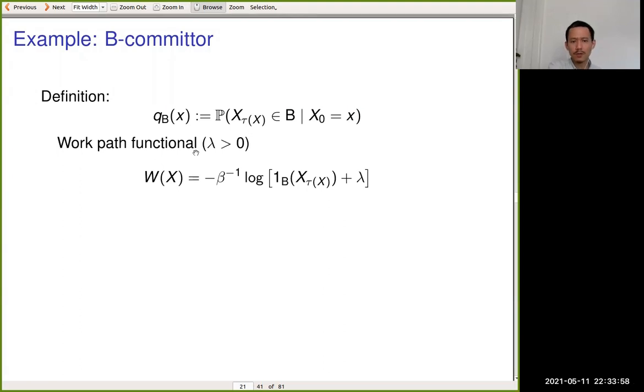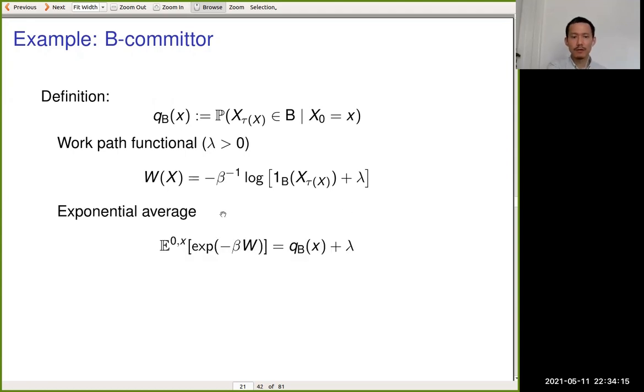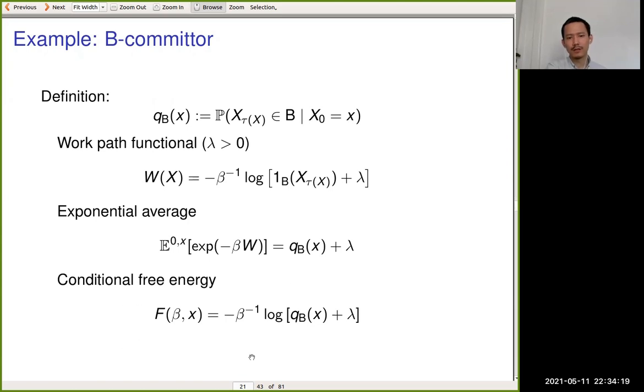And the work path function that we have, let's fix some positive lambda. We introduce this positive parameter for convenience because we don't want to take log of 0. Now our work path function is just minus beta inverse of log of this indicator function plus lambda. The exponential average is then this, if you just plug in W, and the conditional free energy just looks like this.